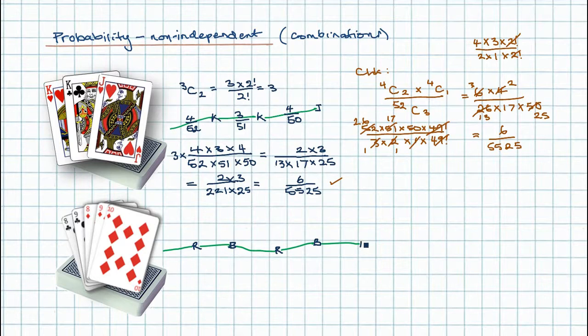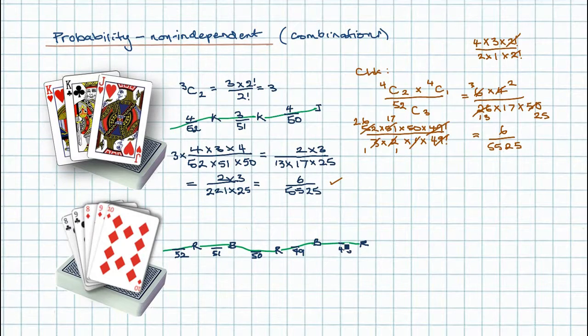So that will do. And now we just fill in the probabilities. So again, the denominators are going to be out of 52, out of 51, out of 50, so counting down, 49, and 48.